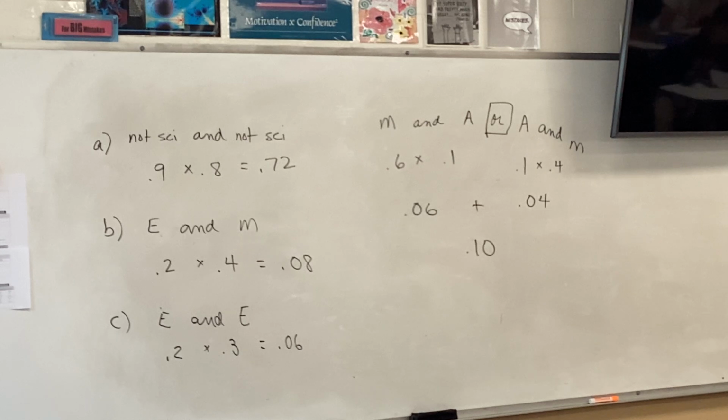How many ways can you answer 10 multiple choice questions if each question has 3 options? Multiple choice A, B, C. So 3 times 3 times 3, 10 times.